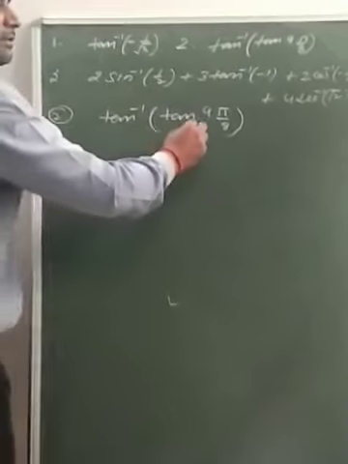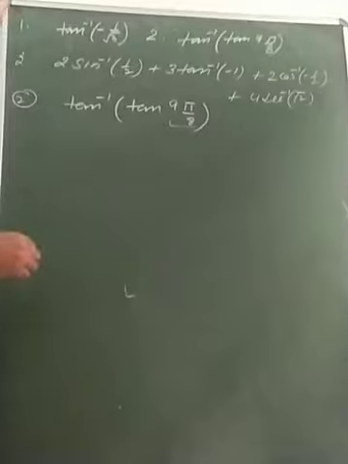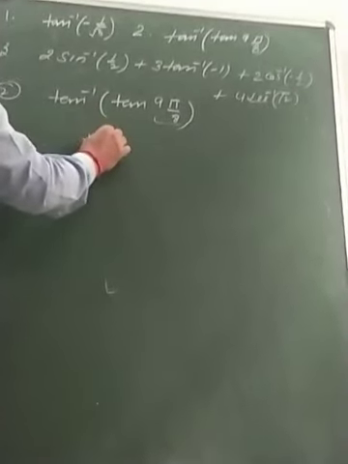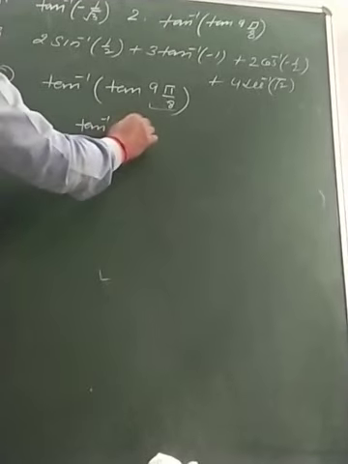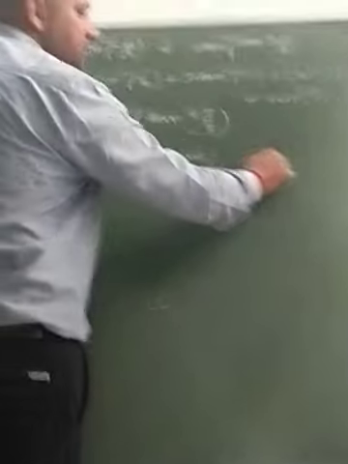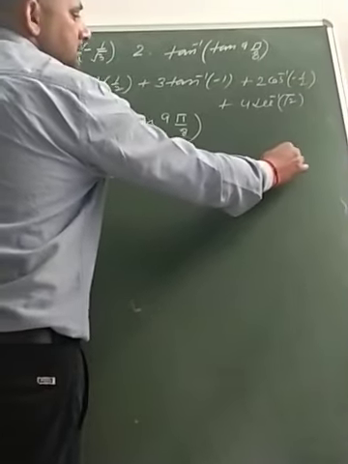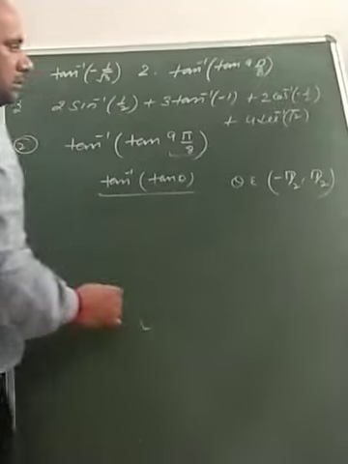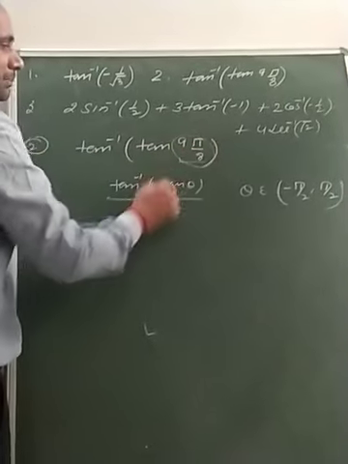First we will check where theta lies. In tan inverse of tangent theta, theta should lie between minus pi by 2 to plus pi by 2. But here we have 9 pi by 8.